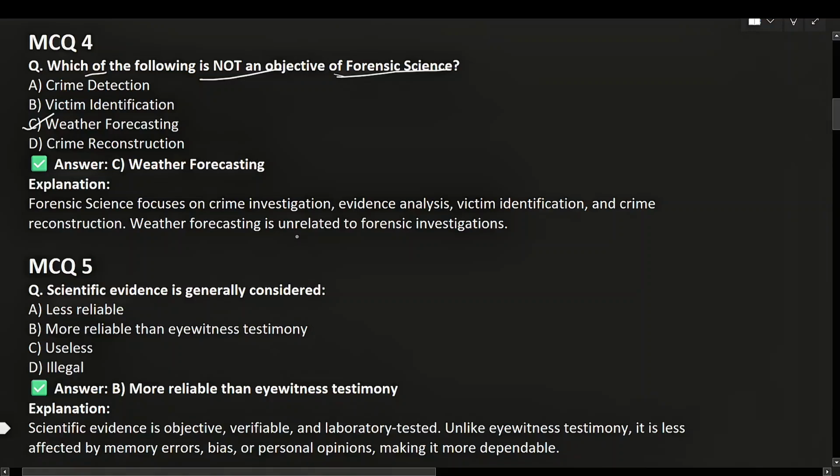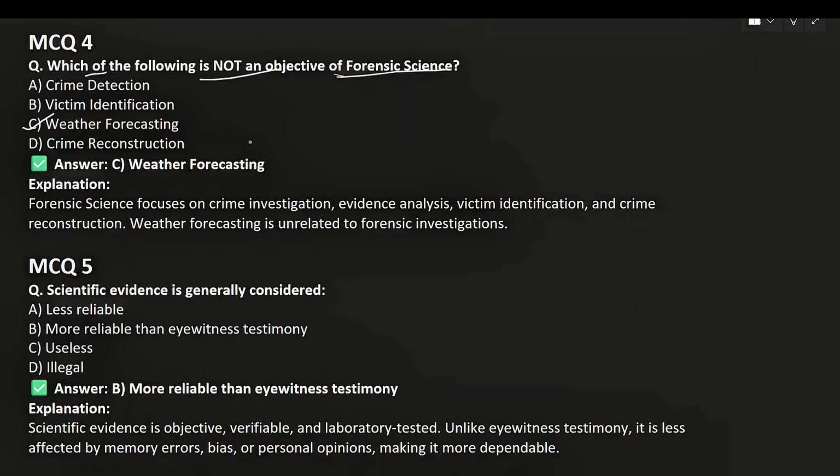Weather forecasting is a separate field under meteorology and has no direct role in forensic investigations.